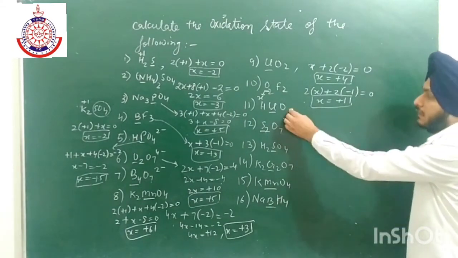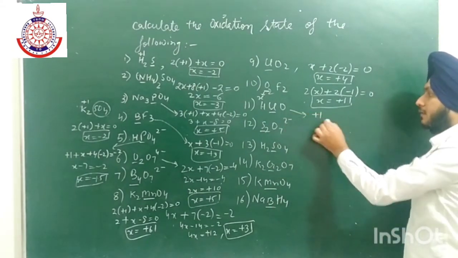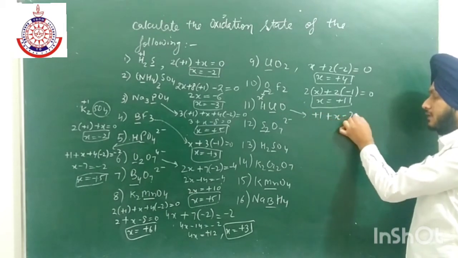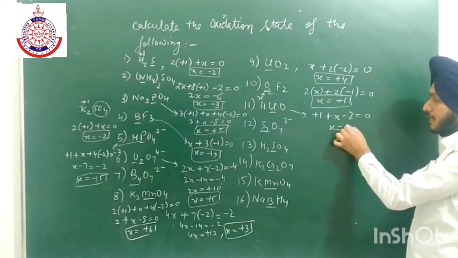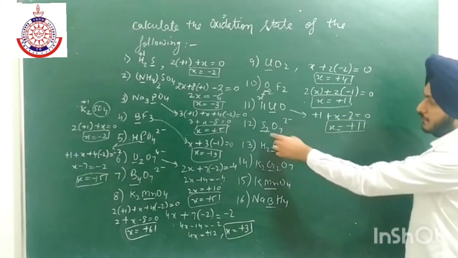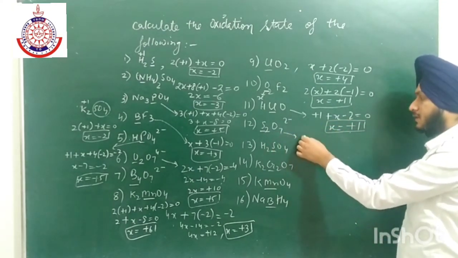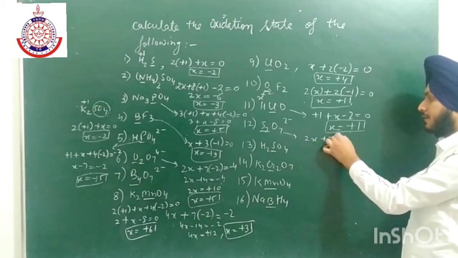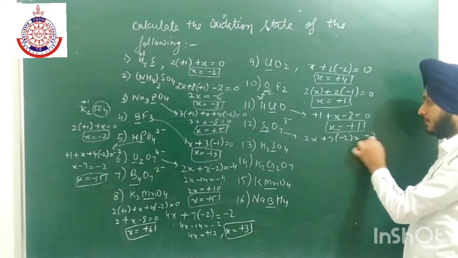Now here the oxidation number of hydrogen is plus 1 plus X into minus 2 is equal to 0, and X comes out to be plus 1. Here the oxidation number of sulfur is X, 2 into X plus 7 into minus 2 is equal to minus 2.